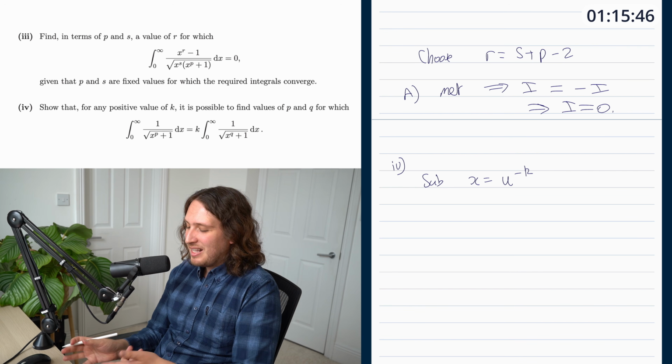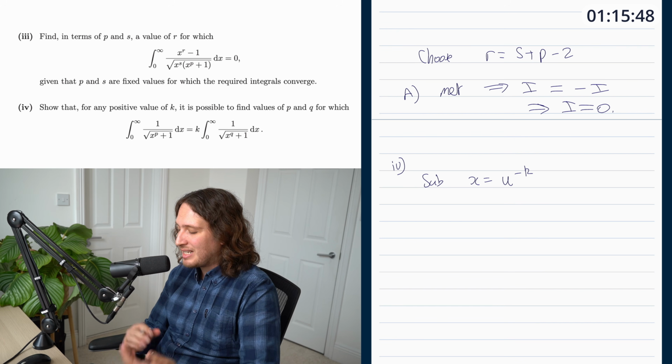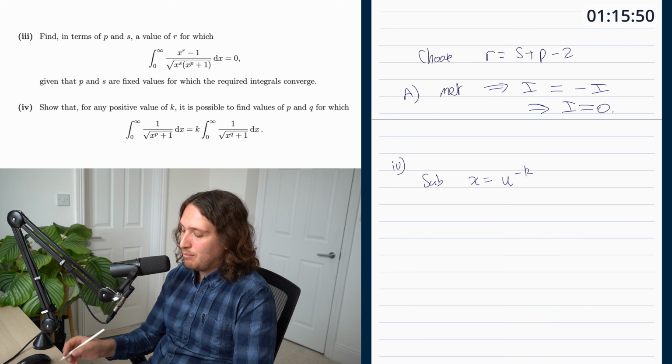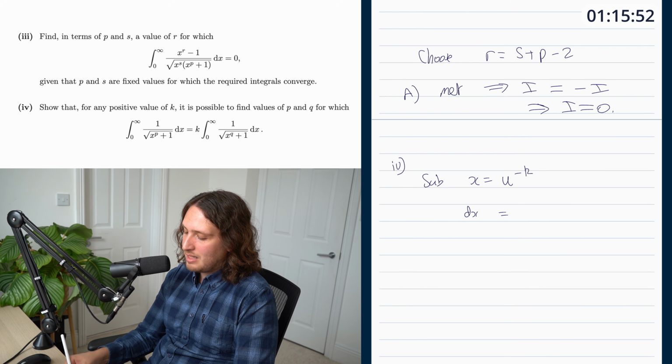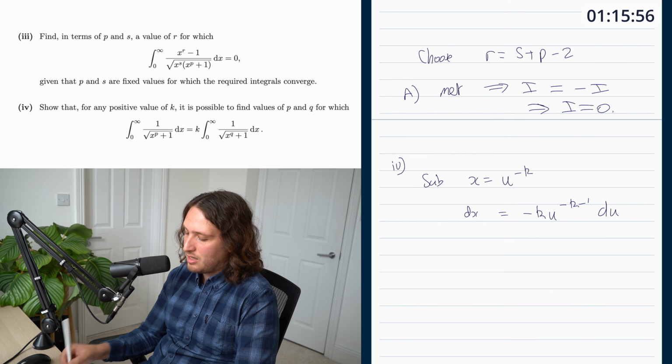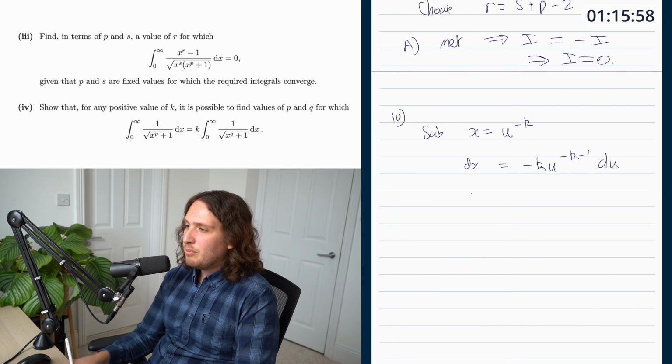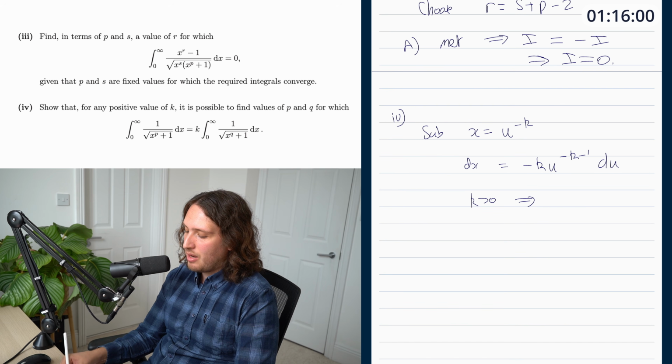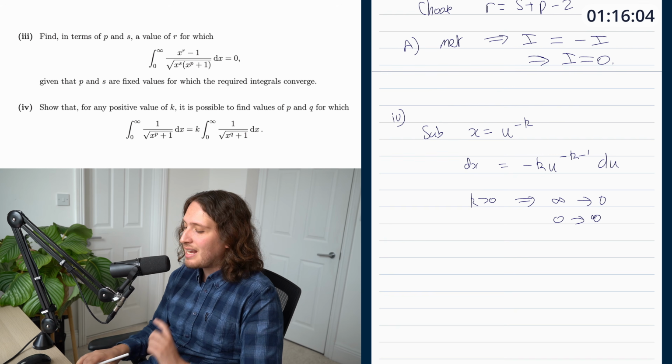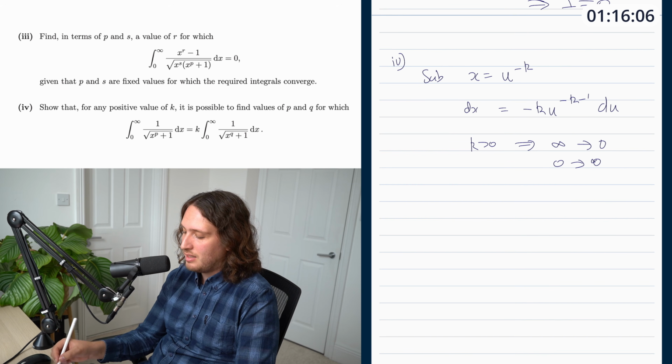It has to be, because then dx involves a minus k, and it looks nice and plausible. So dx is minus k u to the minus k minus 1 du. Because k is positive, I know that infinity maps to 0, 0 maps to infinity. If k were negative, that would not be true, so that's important.